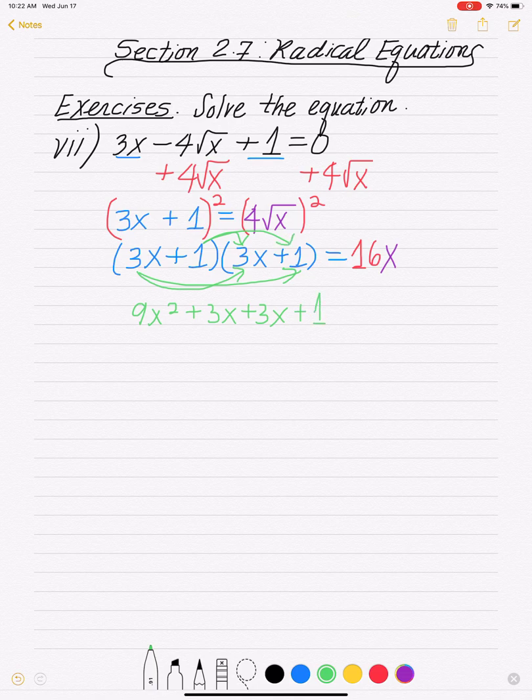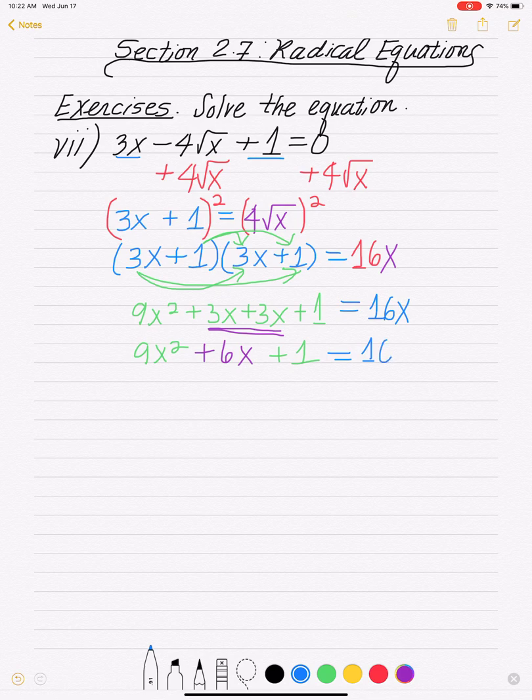This is all equal to the right side, 16x. Now on the left side, I want to clean up by combining my like terms. I'm going to bring down my 9x squared. 3x and 3x gives me 6x. And don't forget, we have a plus 1. And an equal sign, and then 16x.